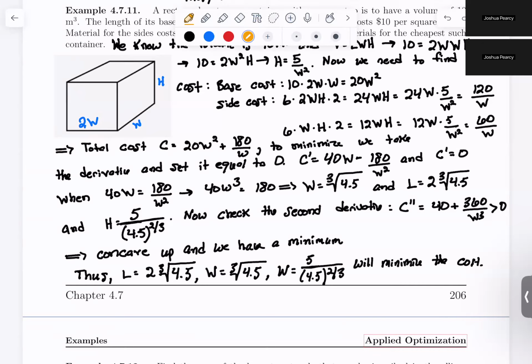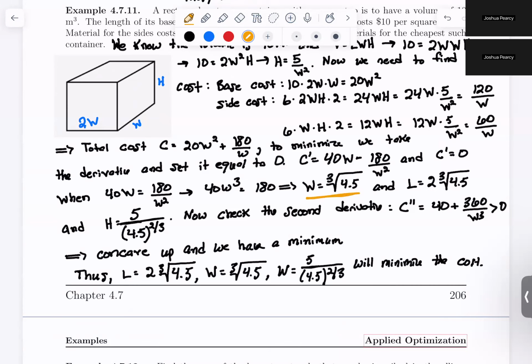So all I do is move the 180 over W squared over to the left. So whenever we have 40W equals 180 over W squared, then we multiply both sides by W squared to get 40W cubed is 180. We divide both sides by 40, and we get that first 180 over 40 is 4.5, but then I have to take the cubed root because it's W cubed. So this implies that W is equal to the cubed root of 4.5.